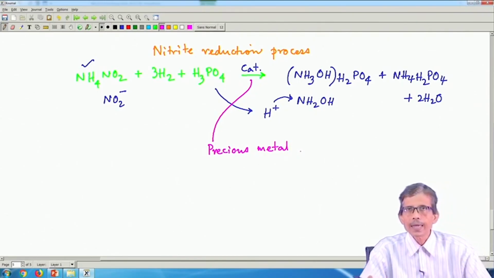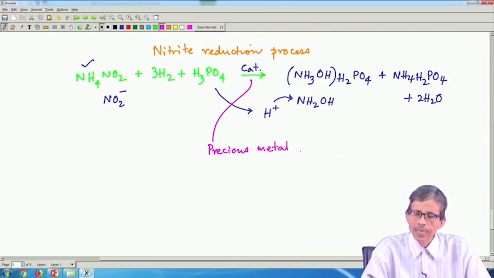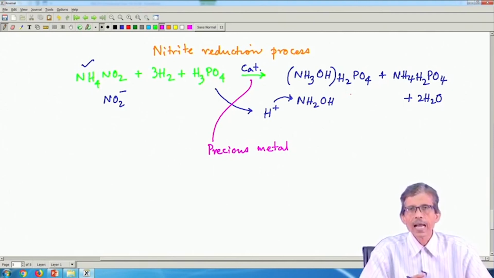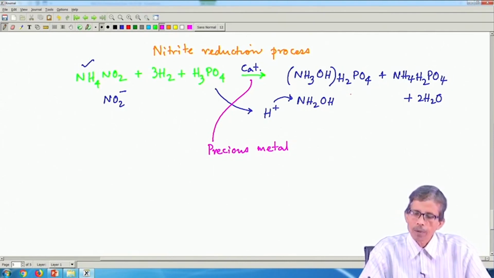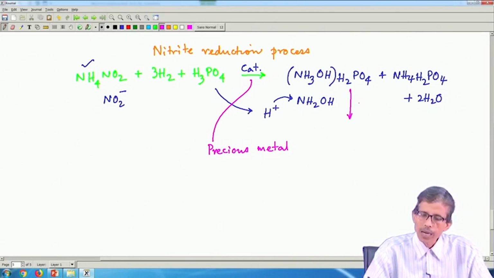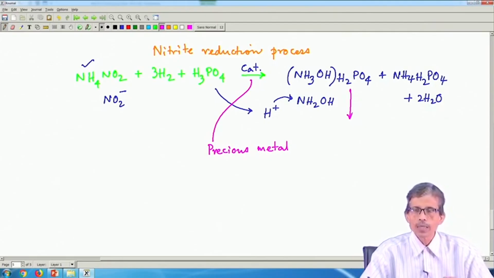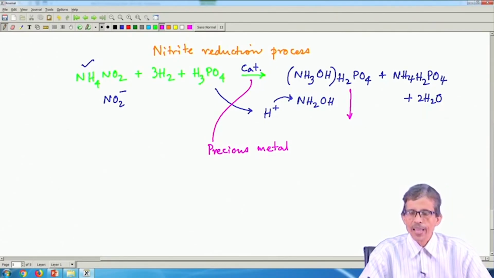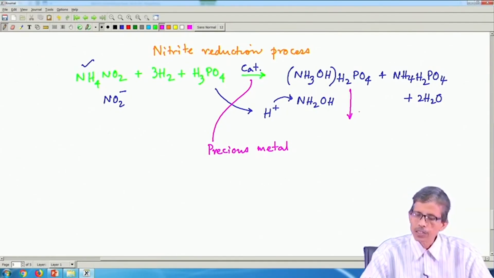Directly, the industry people are very happy if we can make this without going for its isolation, because if you go for isolation you have to think of its packaging and selling in the market. But if it can be utilized for the production of some other material, people can utilize whatever is formed in situ.